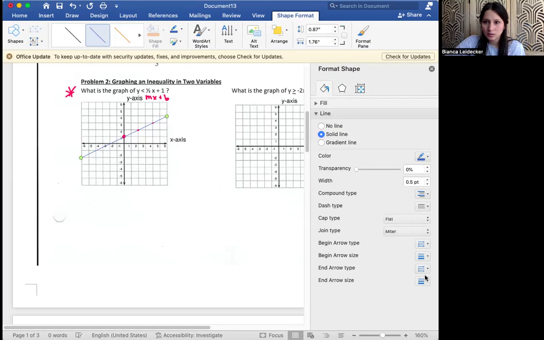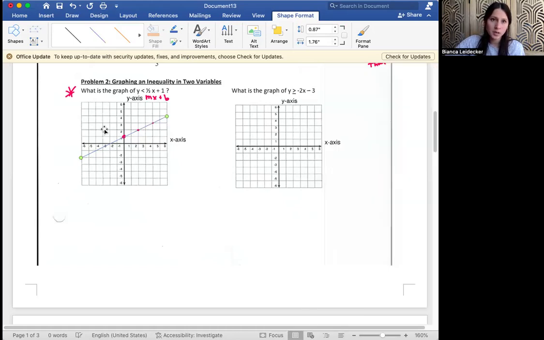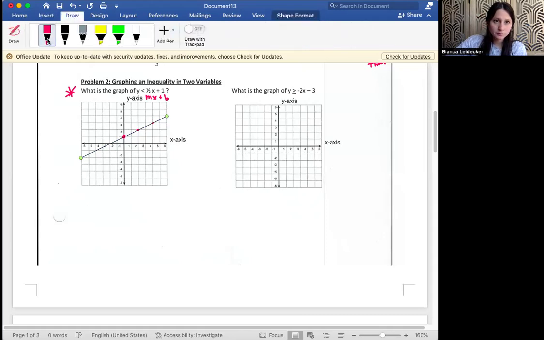It's not giving me an option. So this should be a dotted line. It would look like this, right? Okay, so that's my dotted line.